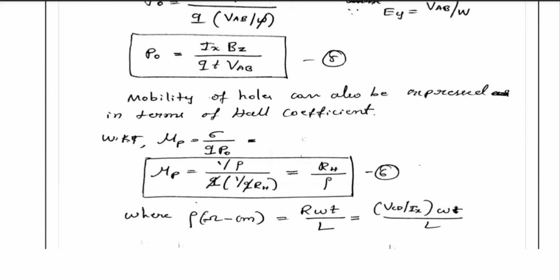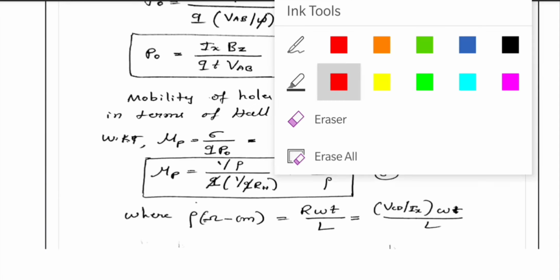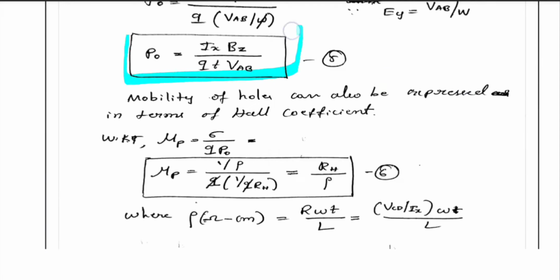The W will get cancelled. Now we will get the Hall concentration as PO is equal to Ix Bz by Qt VAB.